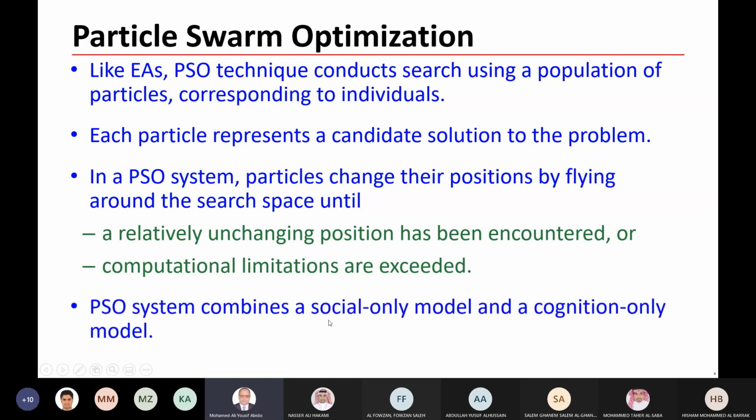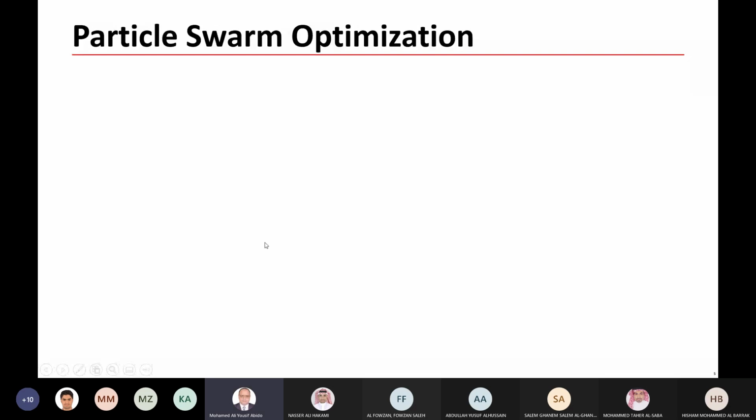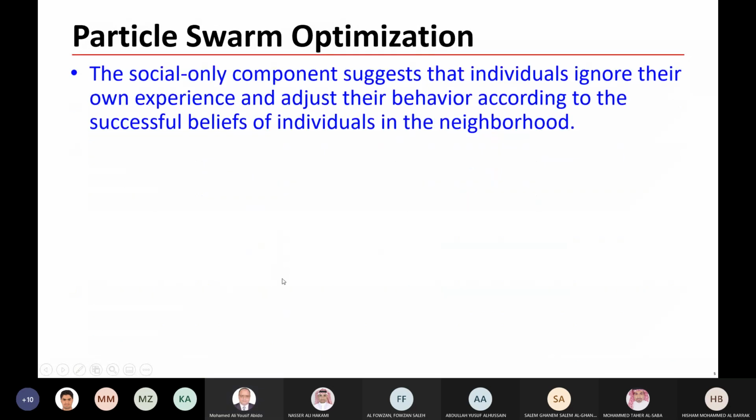A particle swarm system combines a social-only model and a cognition-only model. That means you combine the social part and the cognition part together, as we discussed earlier. The social-only component suggests that individuals ignore their own experience and rely on the successful beliefs of individuals in the neighborhood and others' experience.